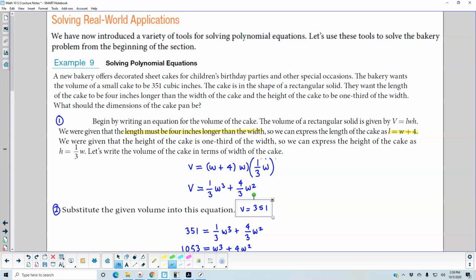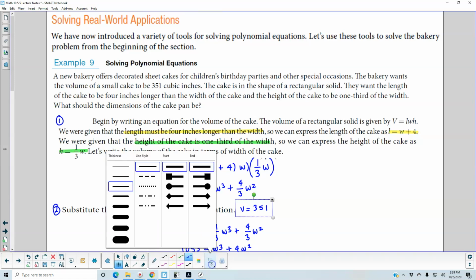We were given that the height of the cake is 1/3 of the width, so we can express the height as 1/3 times W. And the width is going to be W.